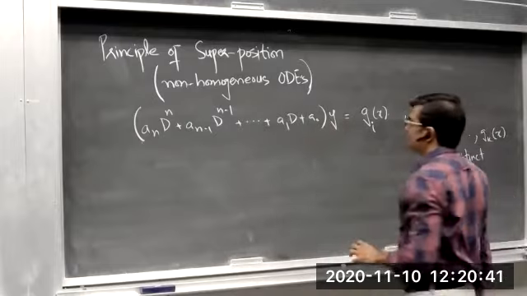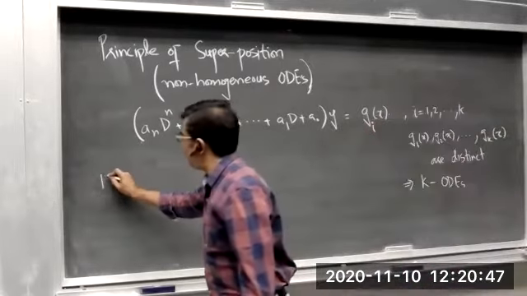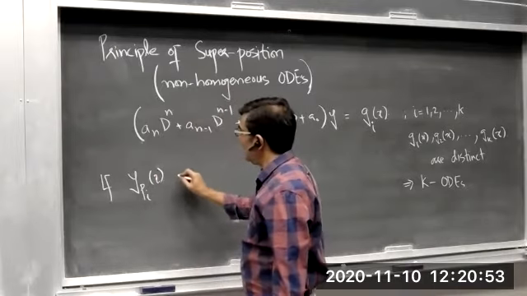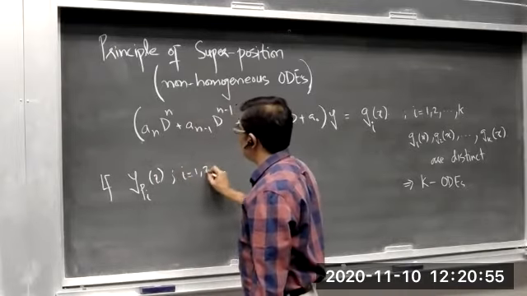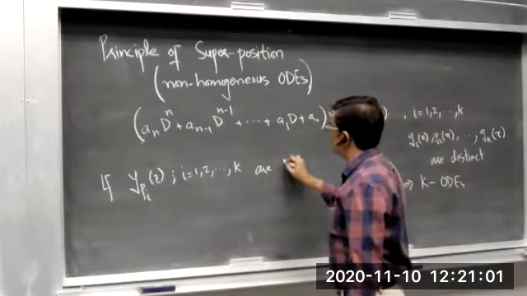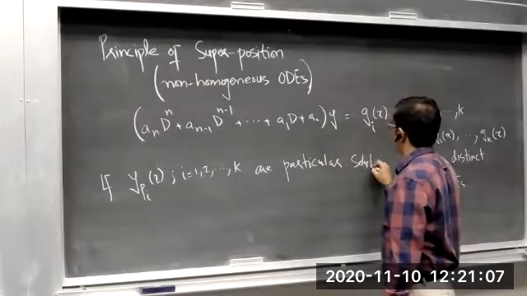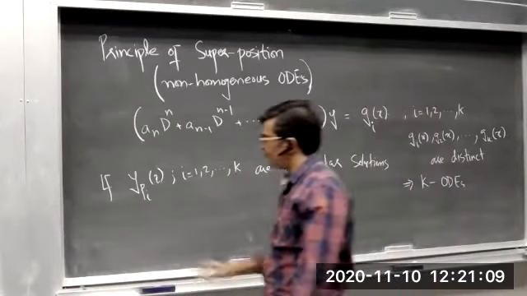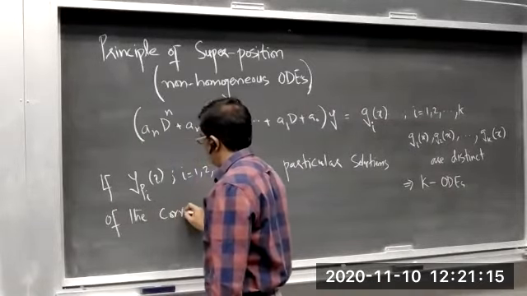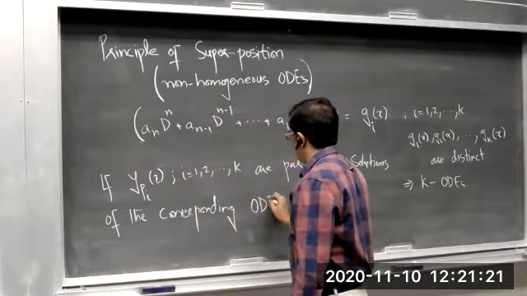If we have k ODEs, then we must have k particular solutions. So if y_{p_i} of x, where i is from 1 to k, are particular solutions of the corresponding ODEs.